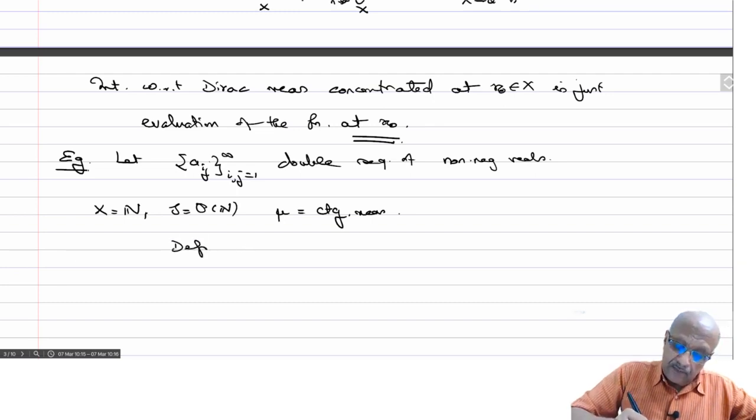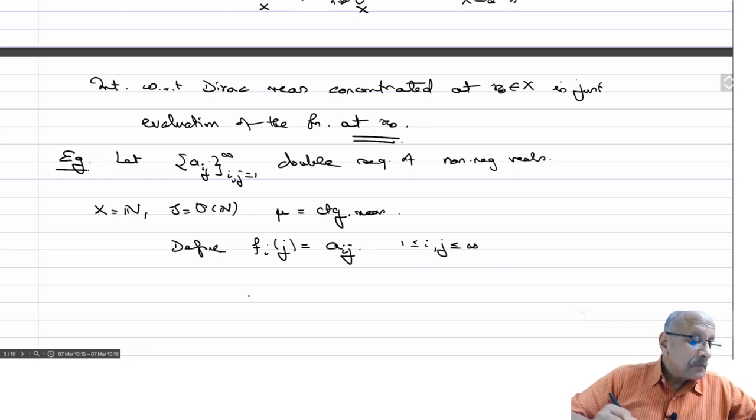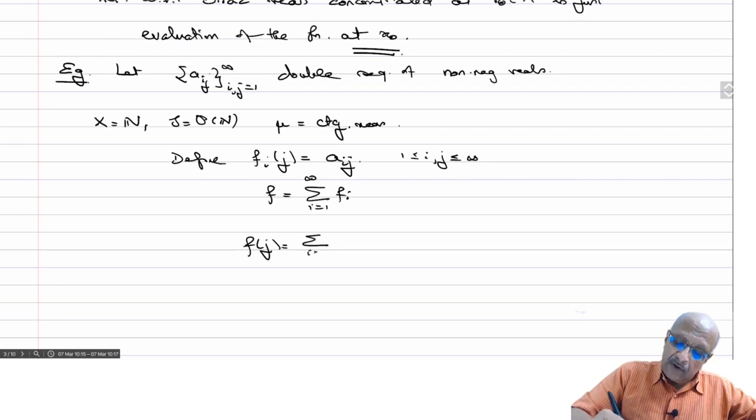Define f_i evaluated at j as a_{ij}, 1 less than or equal to i, j less than or equal to infinity, and define f equal to sigma i equals 1 to infinity f_i. So then what is f of j? f of j is sigma i equals 1 to infinity f_i at j, which is equal to sigma i equals 1 to infinity of a_{ij}.